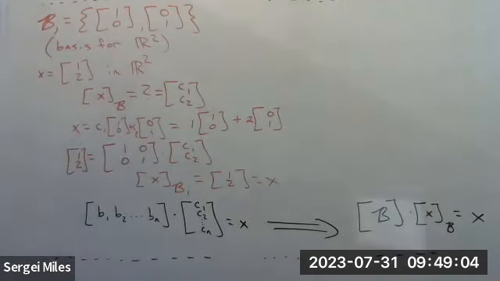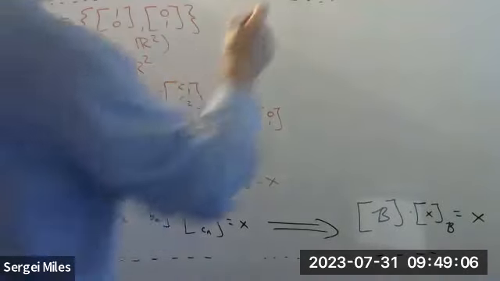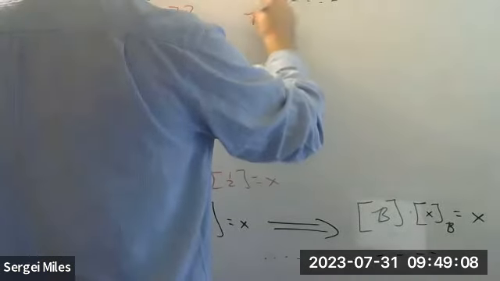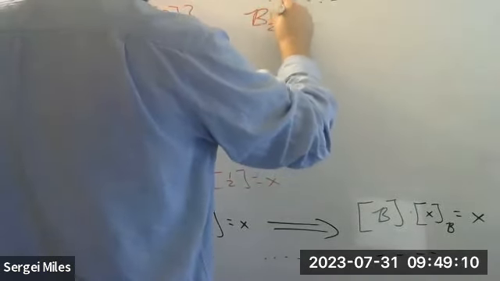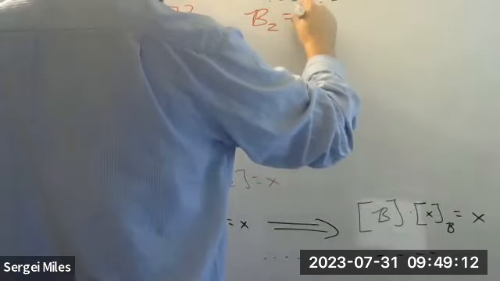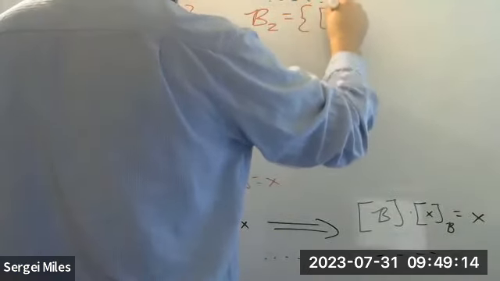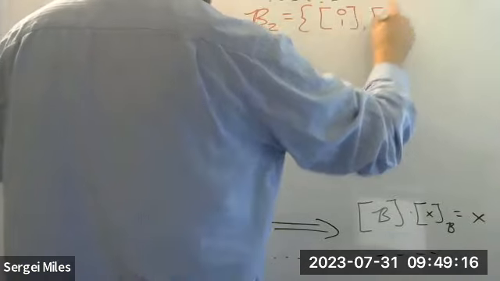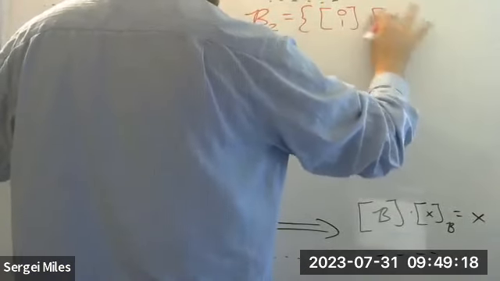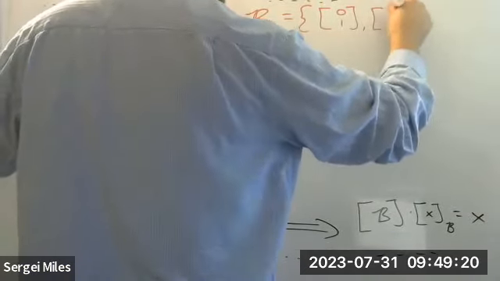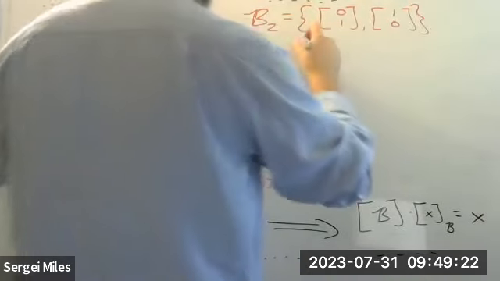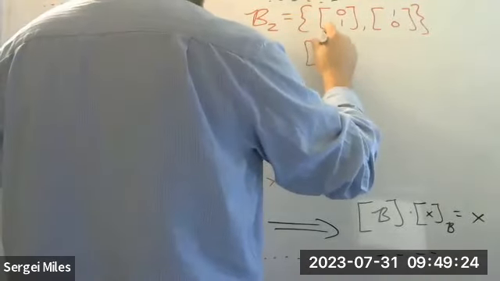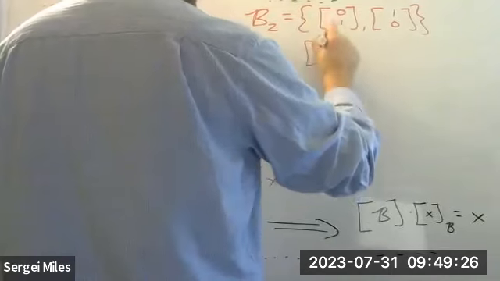So if I just make this simple change of, well, what if I make some other basis, I'll call it B2, where I swap the order of my identity vectors, right? And now we can rinse and repeat, do the same problem.